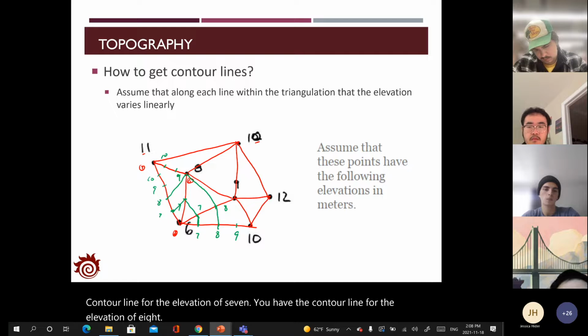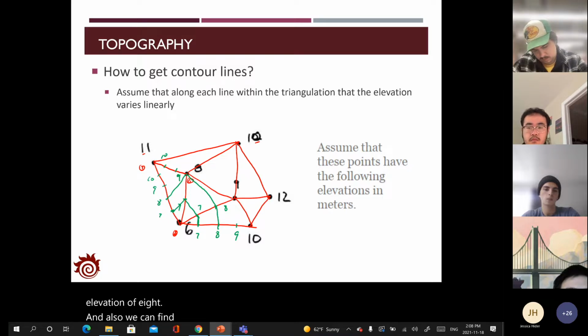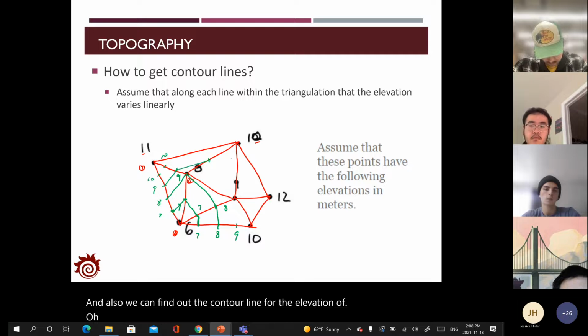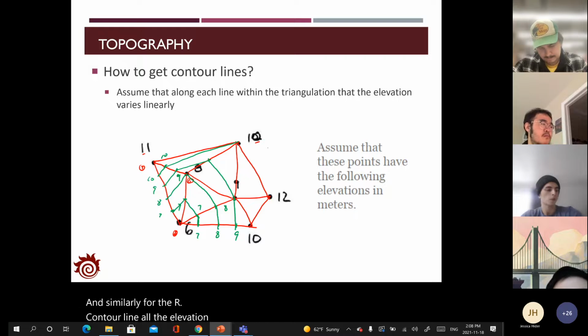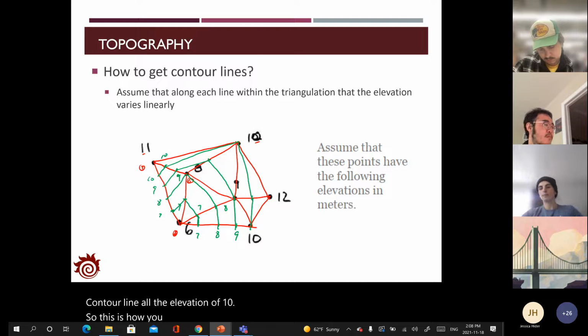And also you can find out the contour line for the elevation of 9, and similarly for the contour line of the elevation of 10. So this is how you're going to draw the contour plot.